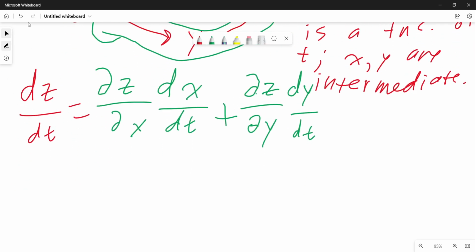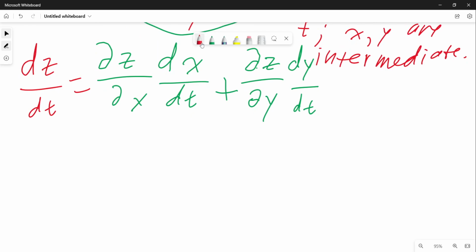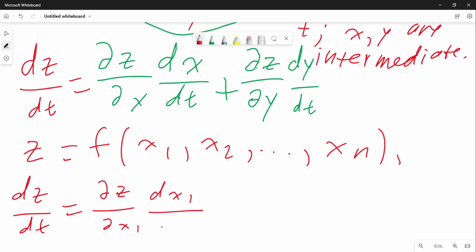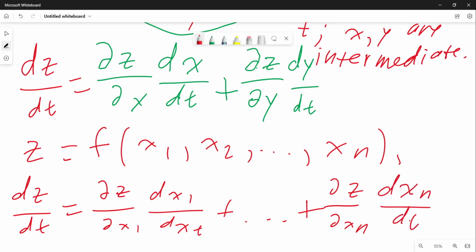And this can be generalized in the natural way, which is to say if z is a function of x1, x2, all the way out to some xn, then we can say dz over dt, assuming all these x's are functions of t, would be del z over del x1 times dx1 over dt, plus all the in-between ones, plus del z over del xn times dxn over dt.